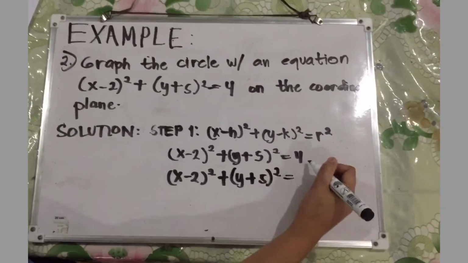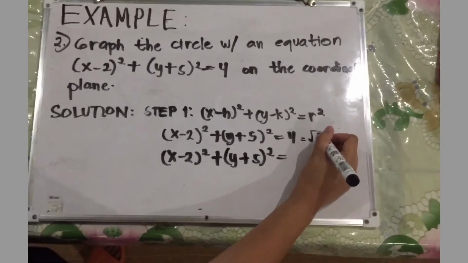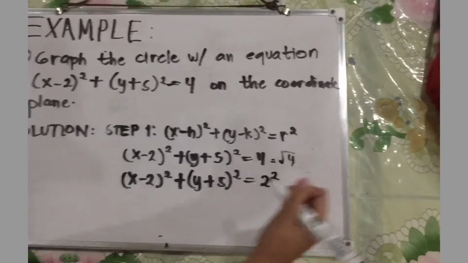The square root of 4 is 2, so that is 2 squared.